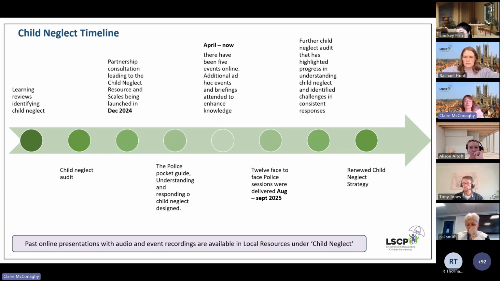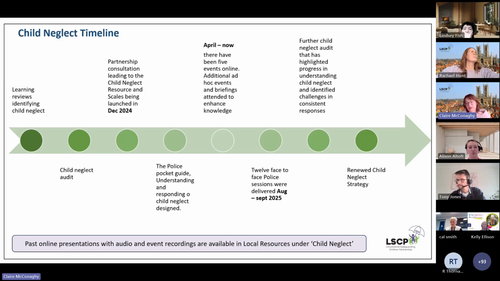There's been some consultant work, which resulted in the launch of the resource and scales in December 2024. We also developed some other learning, so the police pocket guide was introduced, and there were some sessions completed with the police around that. From April to now, there have been several briefings that we've put together.